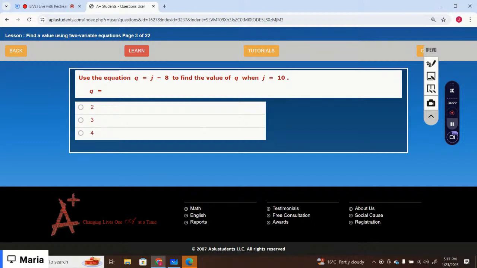The correct option is q equals 2. Option number 1 is the correct option. Very good.